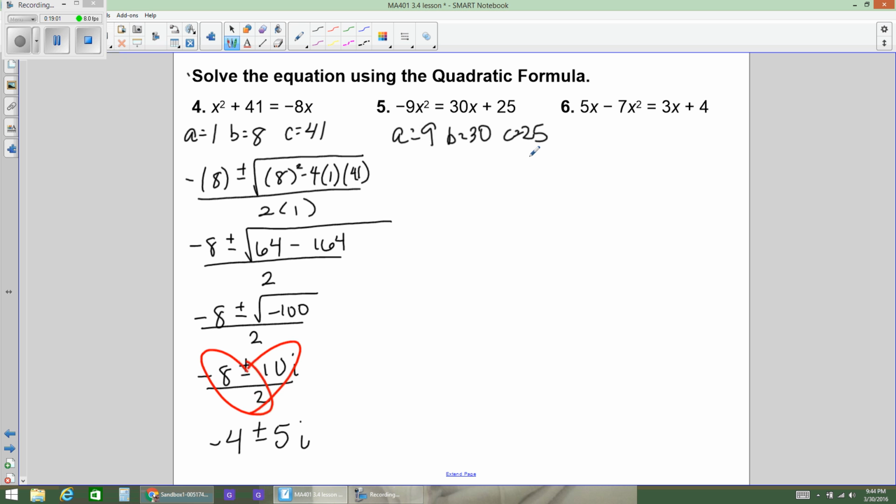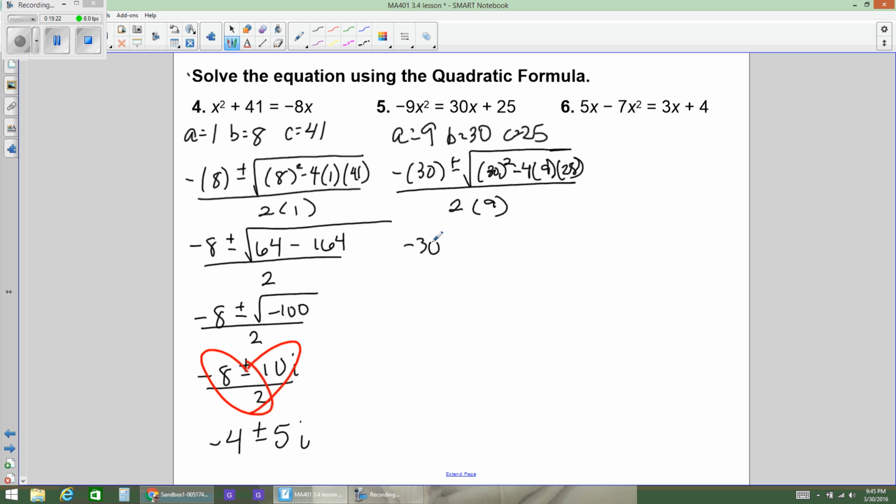Okay, so just like that. So I have x equals the opposite of b plus or minus the square root of b squared minus 4ac all over 2a.